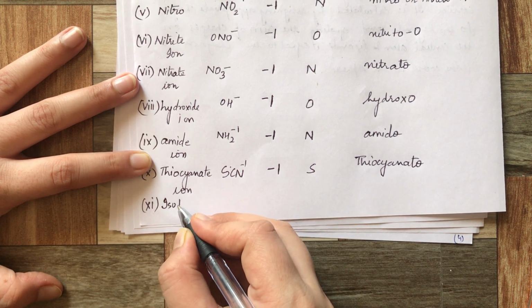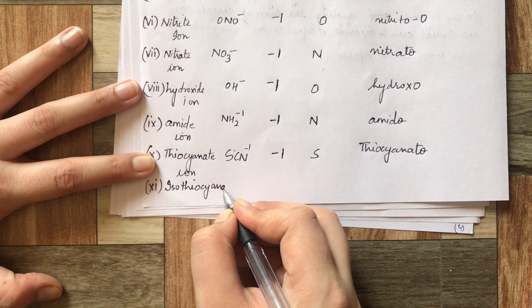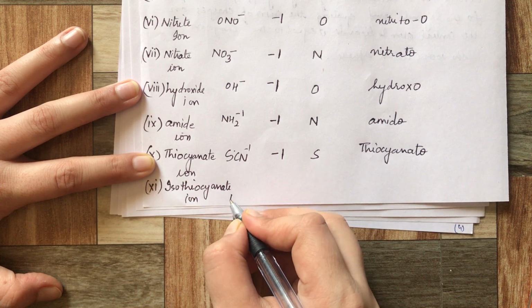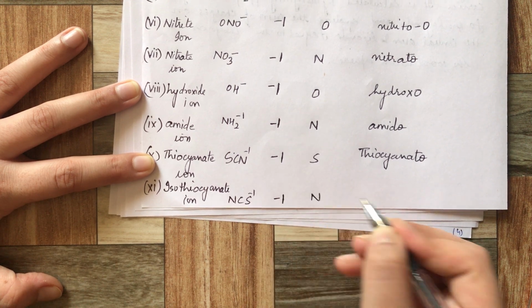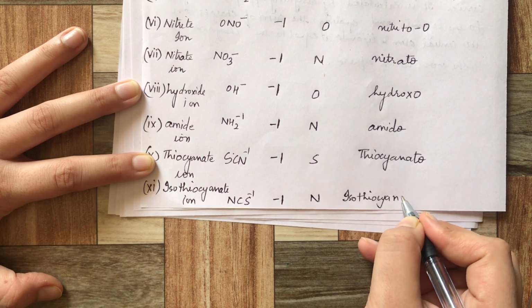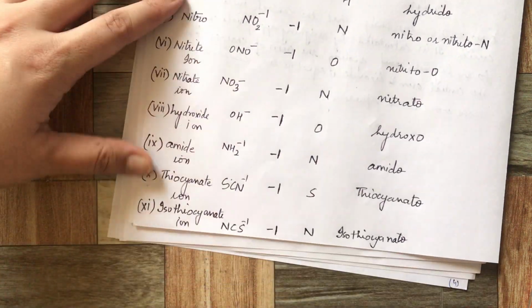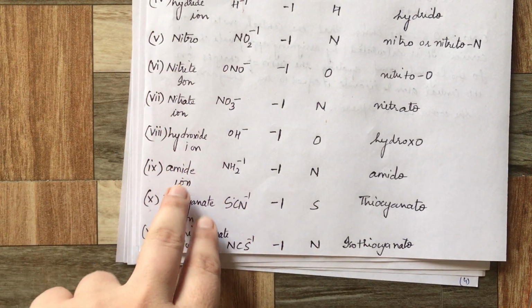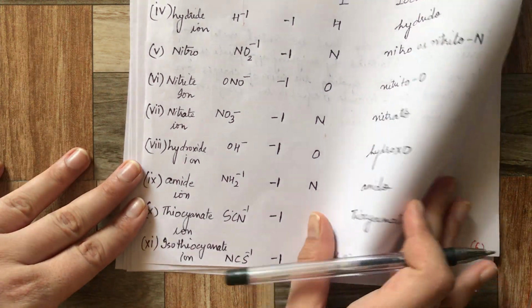In the ambidentate ligands we had discussed this isothiocyanate ion, which is NCS minus 1, the oxidation number is minus 1, the donor atom is nitrogen, and it is isothiocyanato, right? This is the actual name of the ions, and these names will be used in the coordination complex. We'll discuss that once we finish all the ligands.